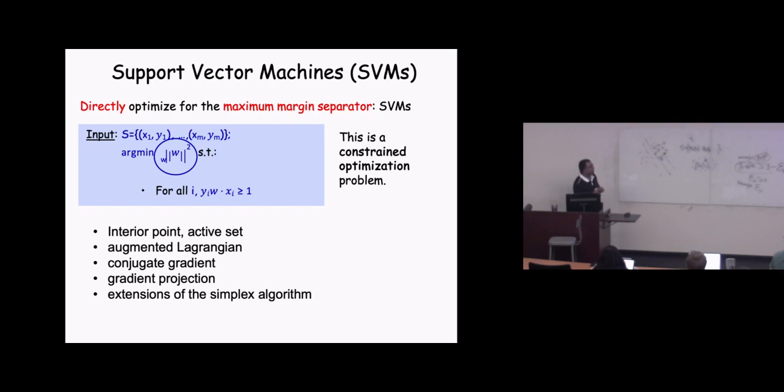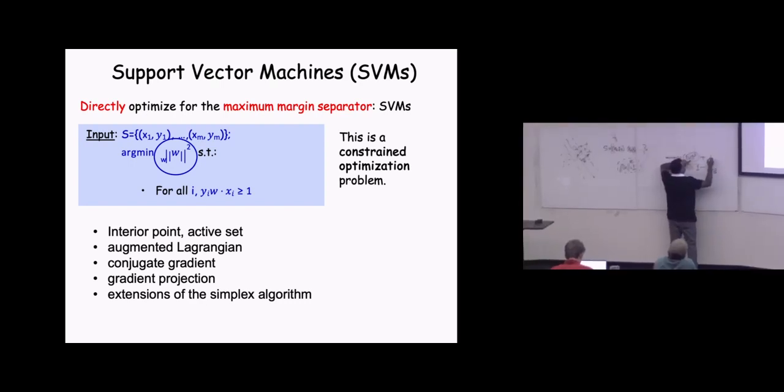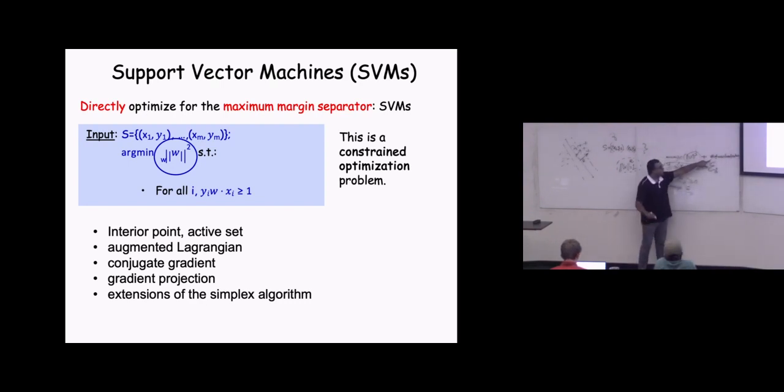So the whole point is, our goal right now is not just to minimize this, but also to minimize the number of misclassifications. Because we know it's not linearly separable, there will be some misclassification. We want to minimize the number. But this number is hard to optimize.